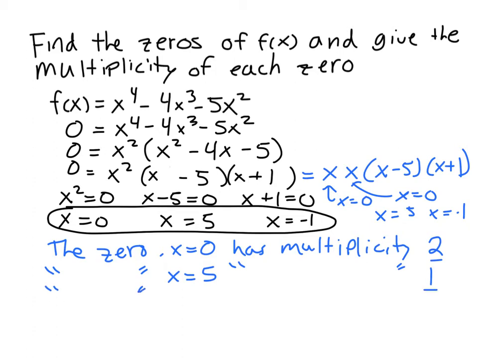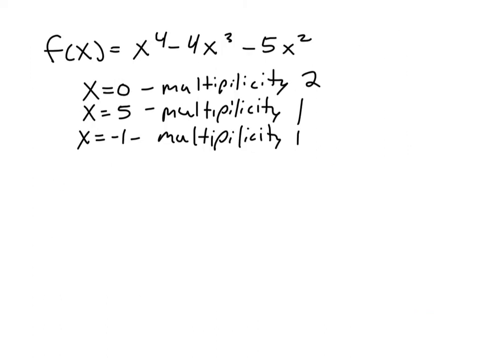And the zero x equals -1 also has multiplicity 1. Knowing the multiplicity is important so that we can begin to understand something about our graph. In the next slide, I'm going to show how you would graph this by using this information about multiplicity.